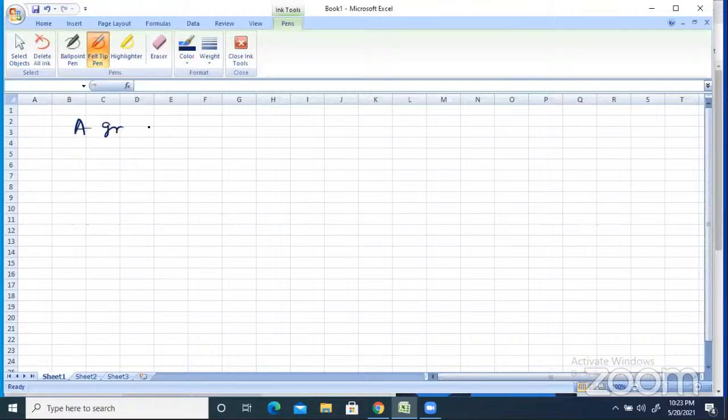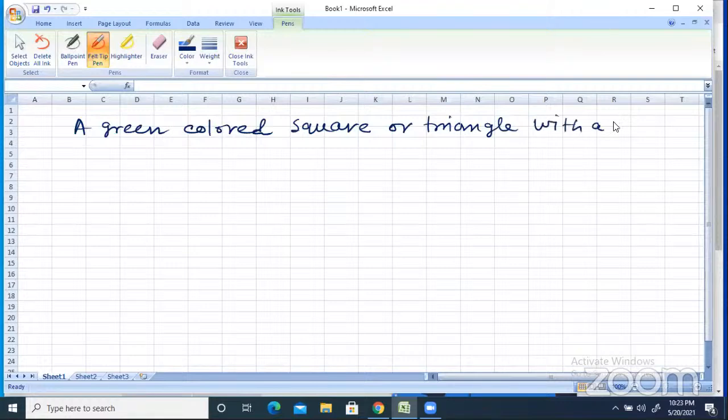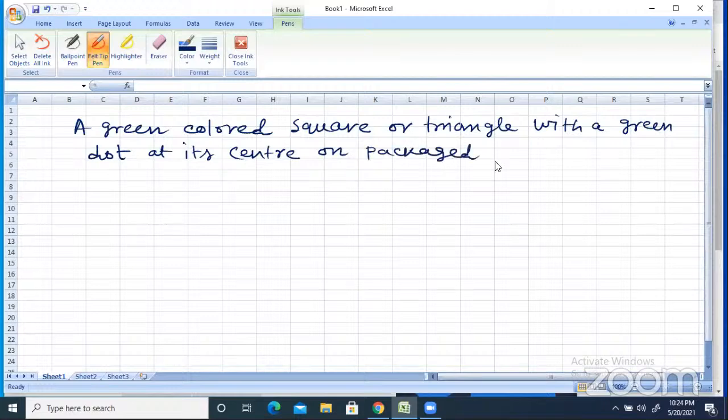A green colored square or triangle with a green dot at its center on packaged food indicates the food is vegetarian food, processed by irradiation, treated with preservatives.